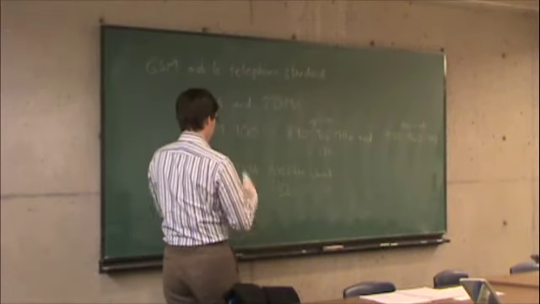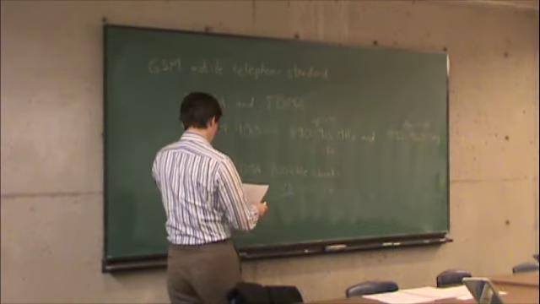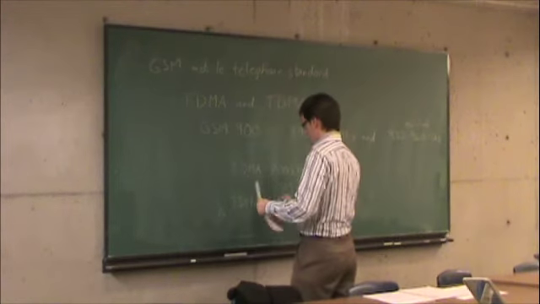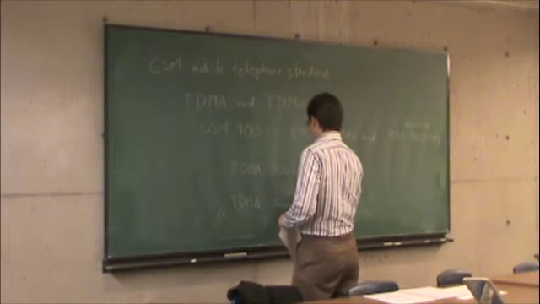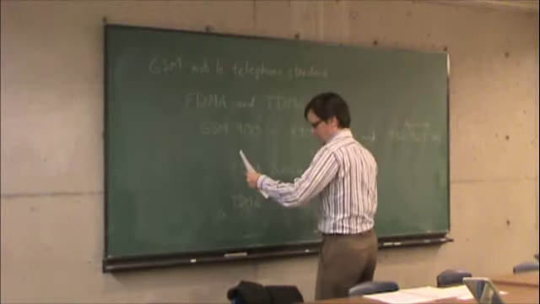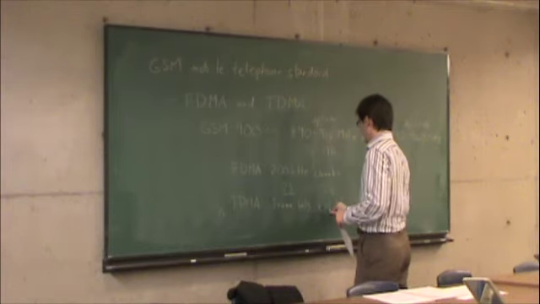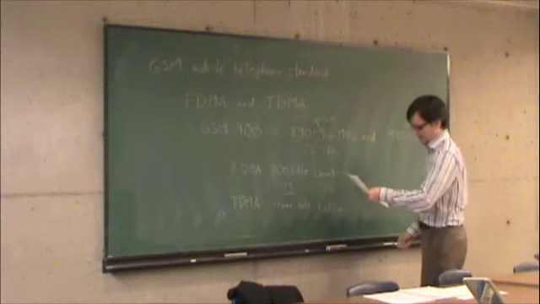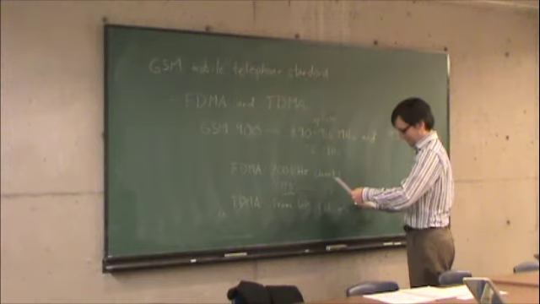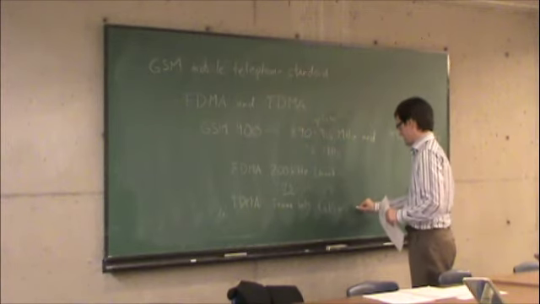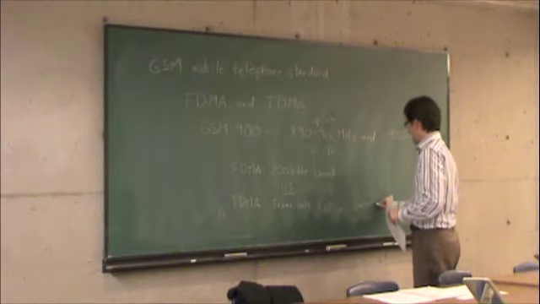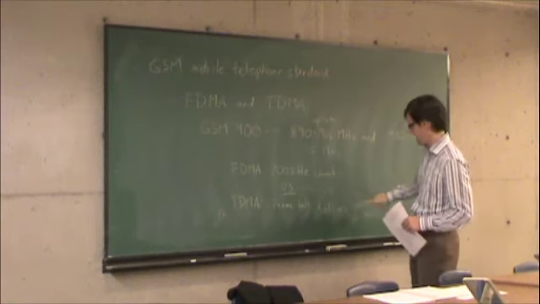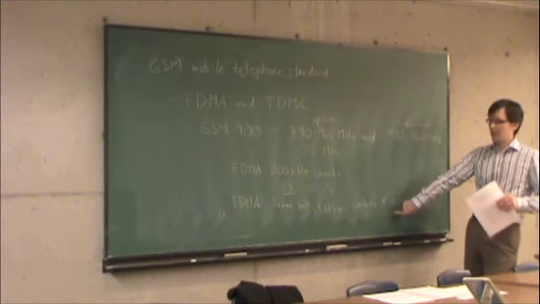In TDMA, each frame lasts 4.615 milliseconds and contains 8 slots. In other words, we take this 200 kilohertz chunk and further subdivide it by 8 users.